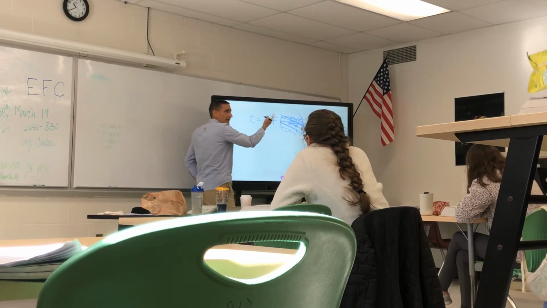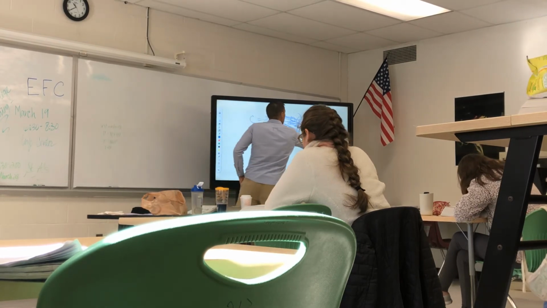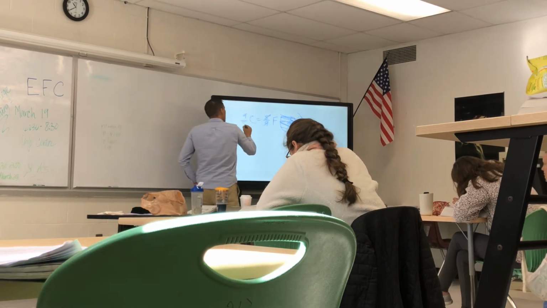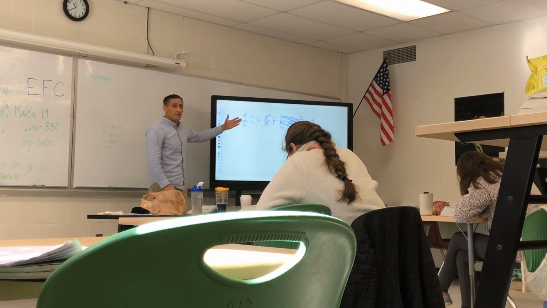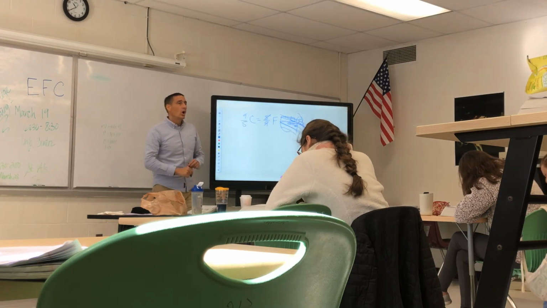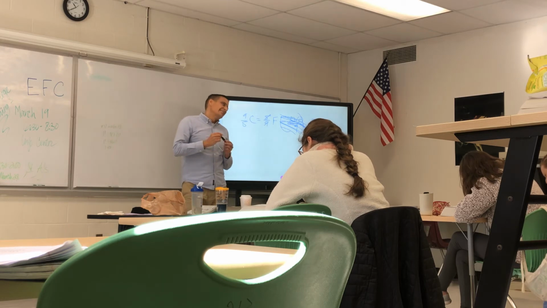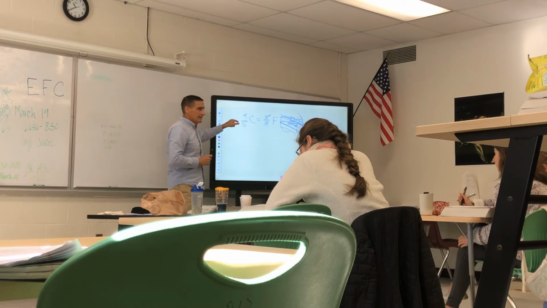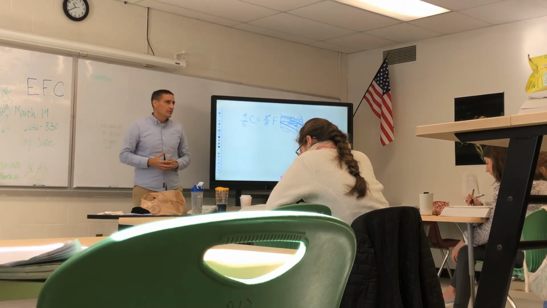Multiply both sides by 9/5. So what is the rate for this? 9/5. Oh, we did a decimal. Guess what 1.8 equals? 9/5. So Roman numeral 2 is true.